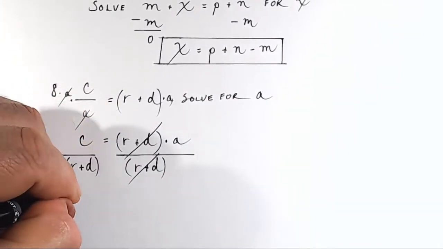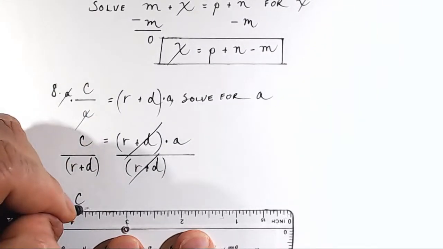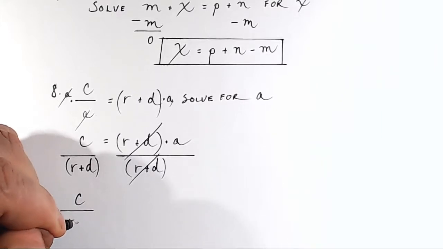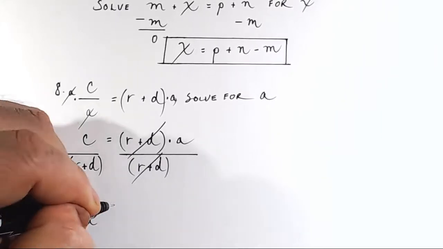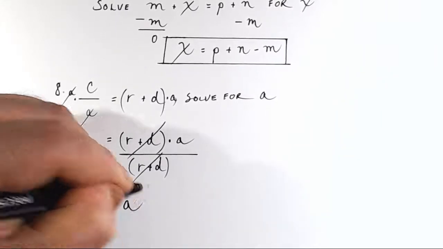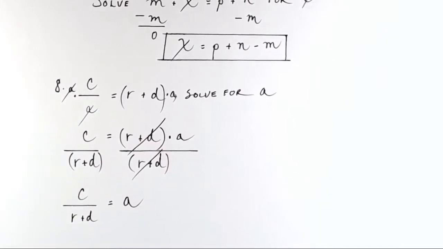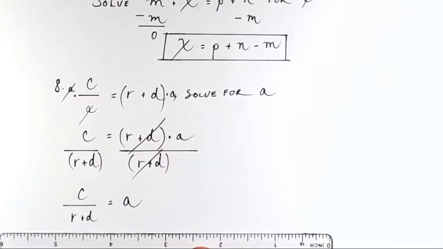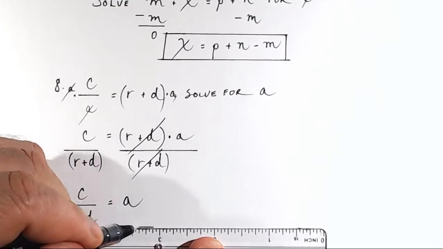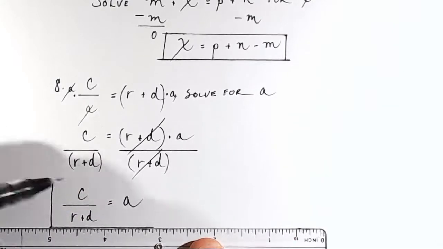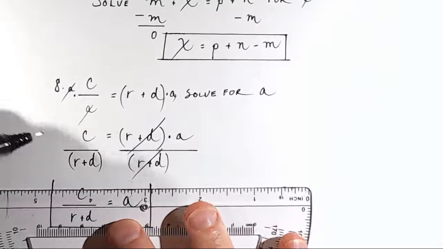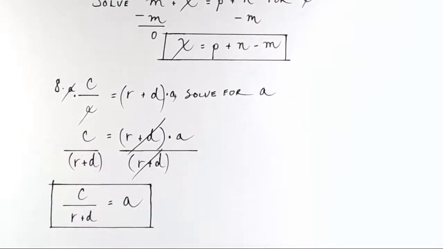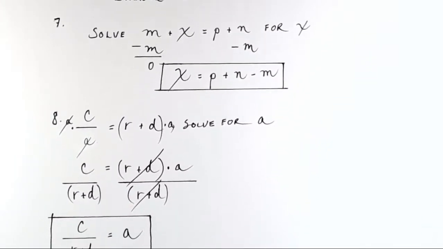And I've got C, we don't need the parentheses anymore, C over R plus D equals A. And that is the answer. Okay, so A equals C over R plus D. Again, it's much less numerical manipulation and algebraic symbolic manipulation than in the 4 problems that preceded 7 and 8.